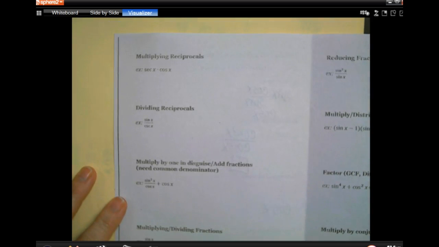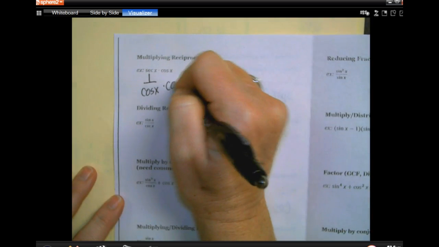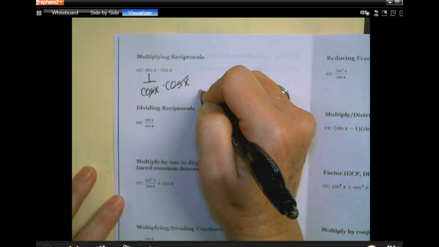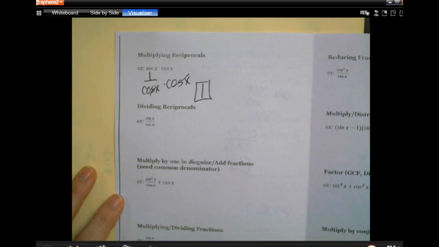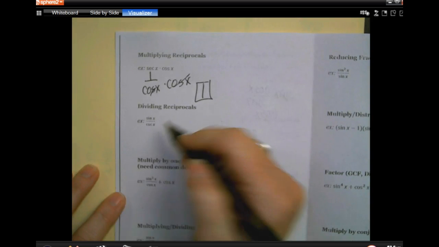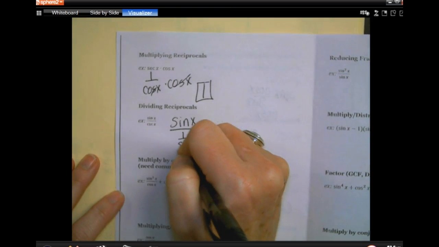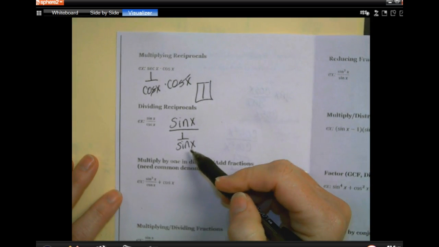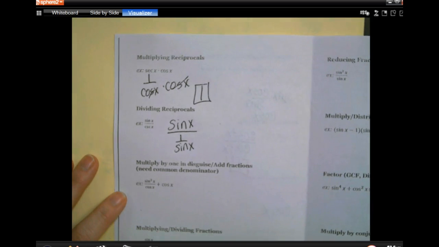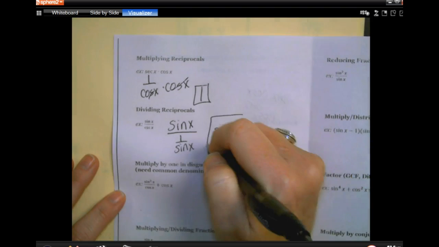So what's secant? So these cancel and you get 1. Cosecant is 1 over sine. So if it's 1 over sine, what happens when it flips and leaves you with sine squared?